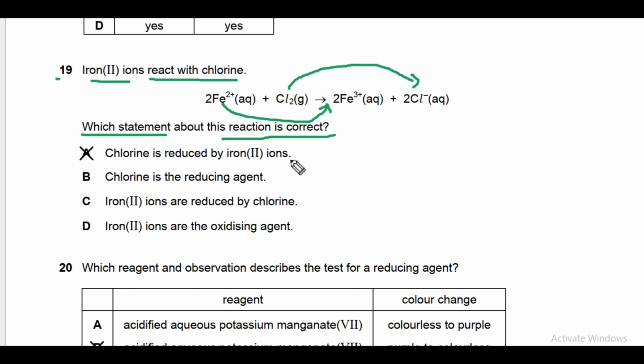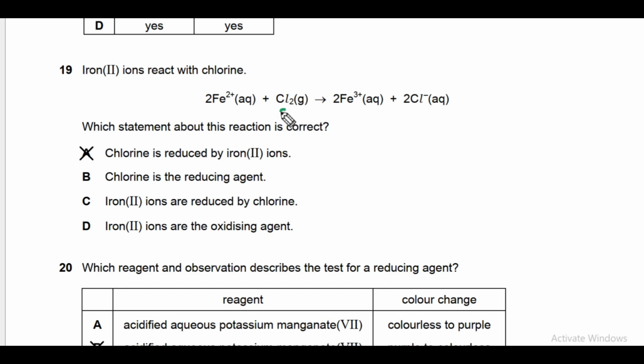Yes, this is true, because the iron(II) ion reduces chlorine but itself oxidizes. I mean, chlorine is reduced by iron(II) ions. That means iron(II) ions reduce chlorine to chloride ion. Why?